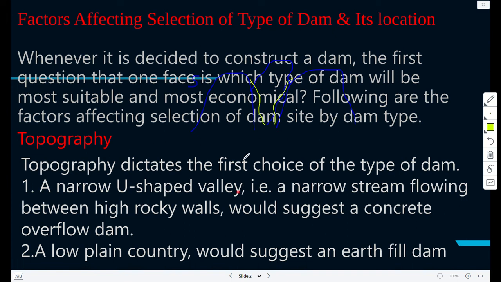You are coming downstream, so probably this place, we are only talking about the topography, because probably between the hills, if you impound water here, this can form a very good place for a reservoir.